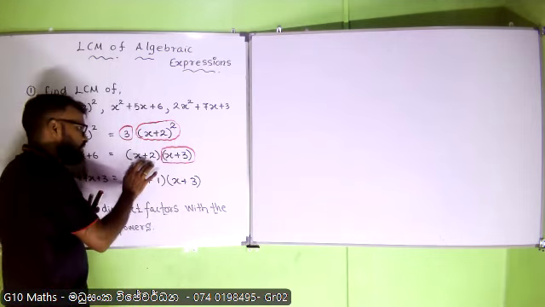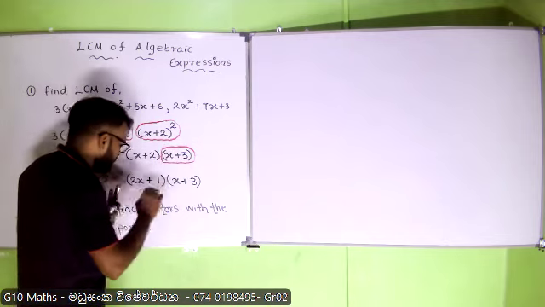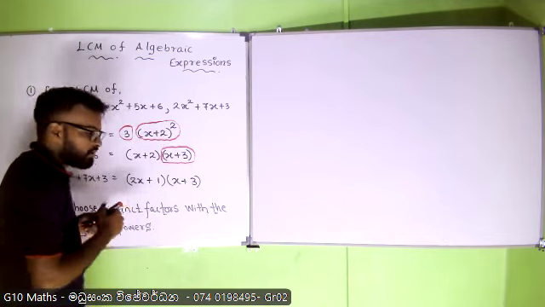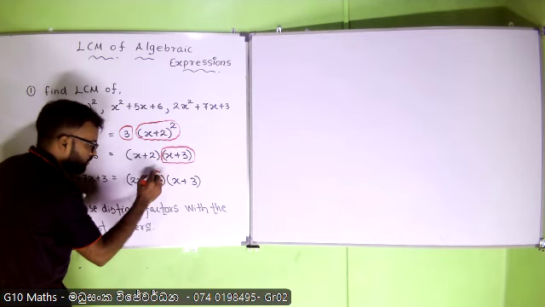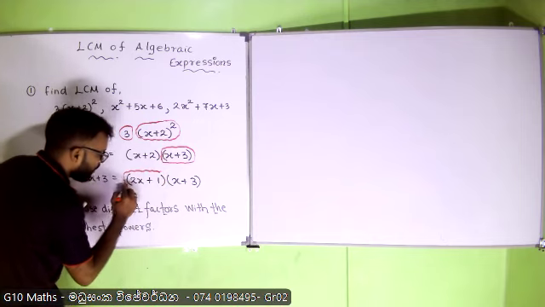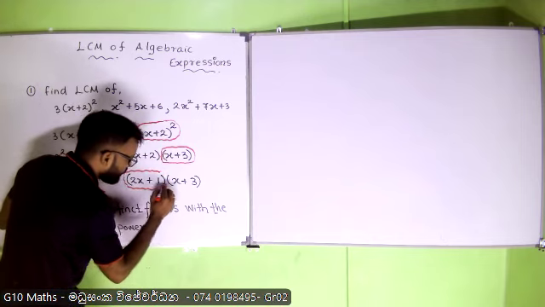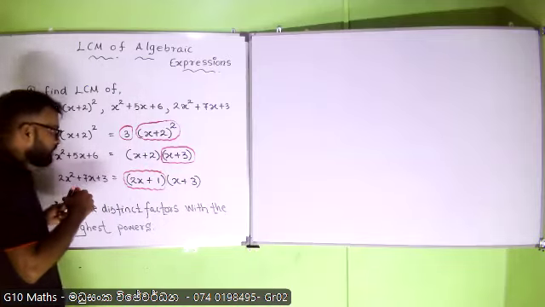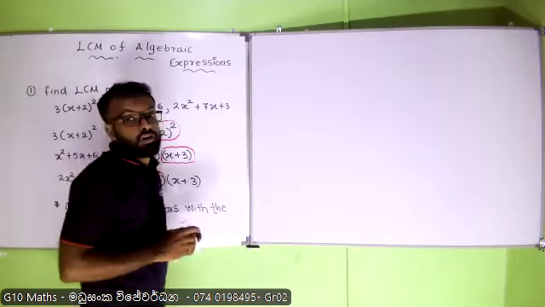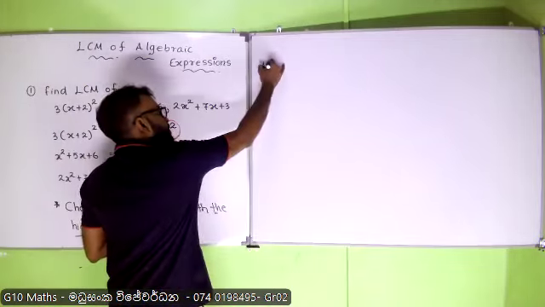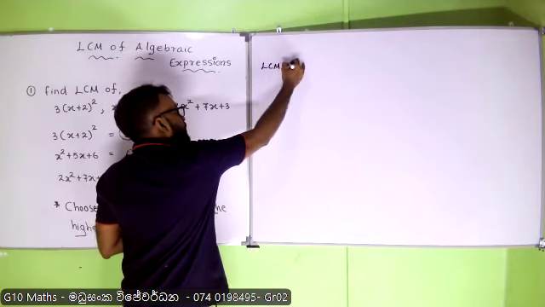And now x plus 2 is done, x plus 3 is done. The remaining distinct factor is this. So finally you can write the LCM is equal to.